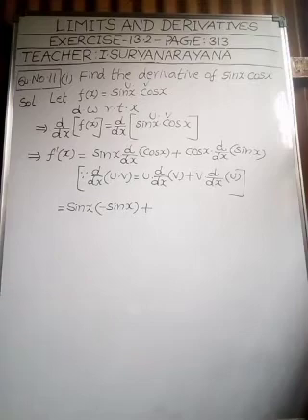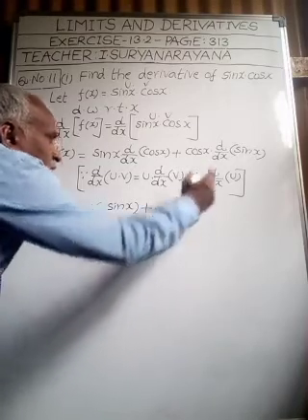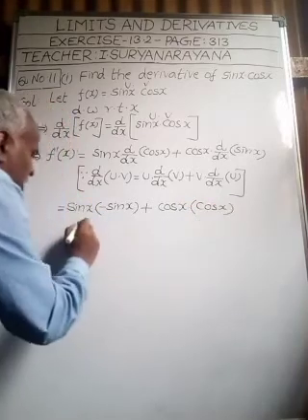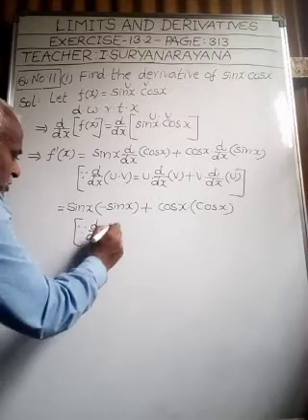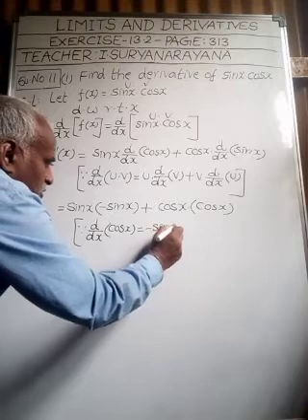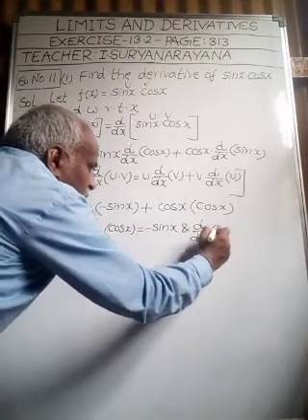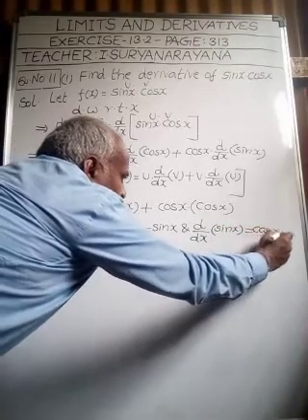Once you go through the standard derivatives, my children, plus cos x into d by dx of sin x, what will you get? Cos x. Because d by dx of cos x is equal to minus sin x, and d by dx of sin x is equal to cos x.